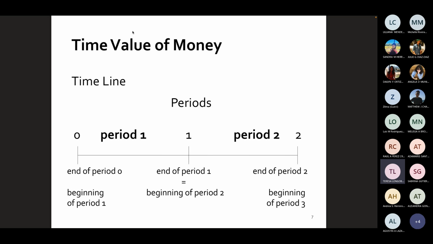So I was telling you about 2 types of people, and at least 2 types of people have to exist for this. And we are going to discuss the time value of money.